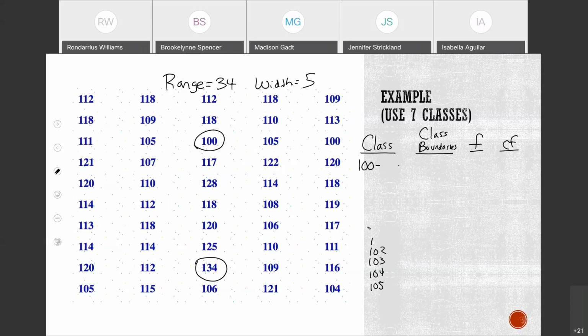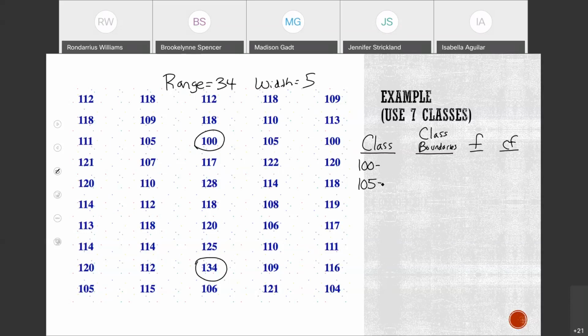So what I recommend to students is that you put that 105 that you just got underneath, because it's actually the start of the next class. And that you work completely down the left-hand side of this column first before you worry about what's on the other side.